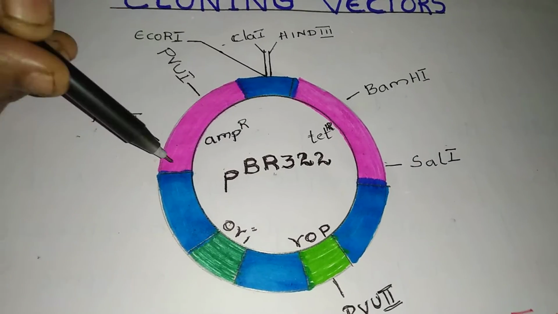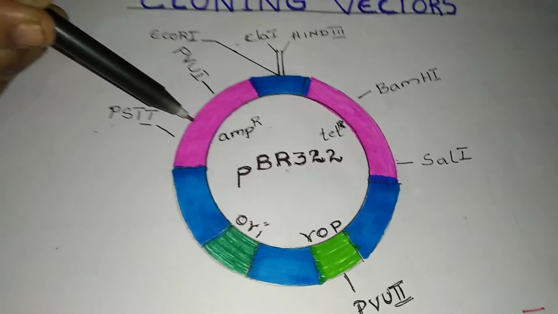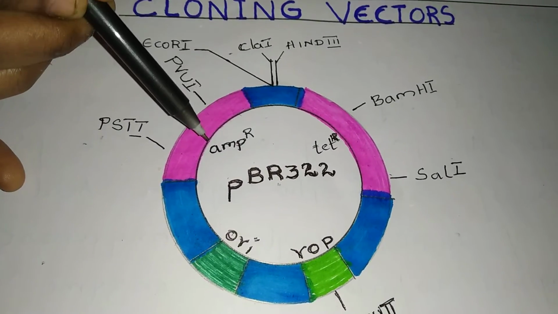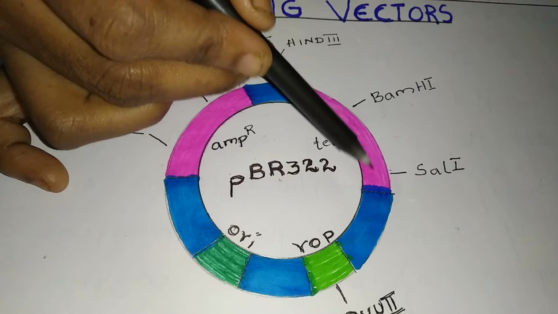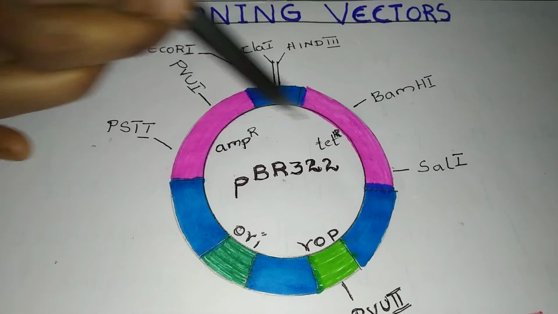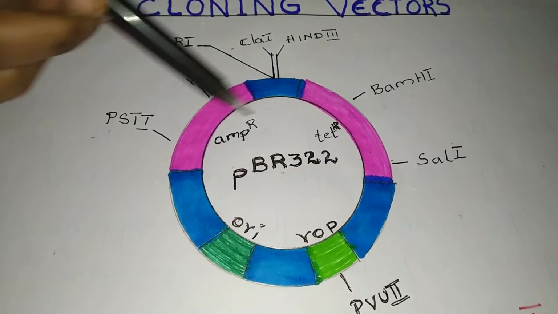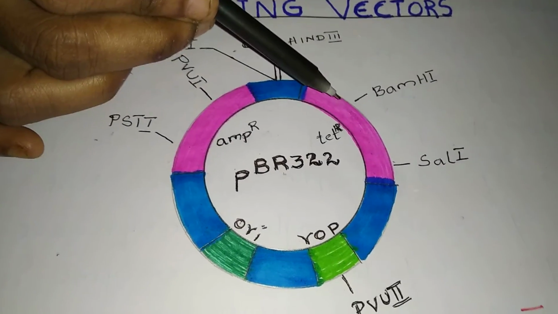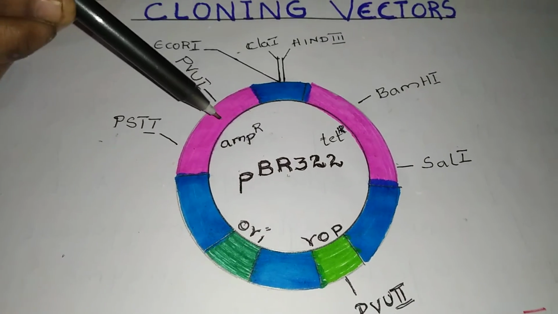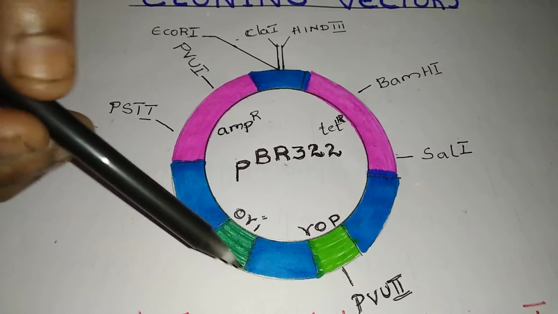That is why the gene sequences for two antibiotic resistances have been inserted. One is the ampicillin resistance gene, and the other is the tetracycline resistance gene. So these two gene sequences, for ampicillin resistance and tetracycline resistance, can be considered selectable markers. Then the next one is cloning sites.